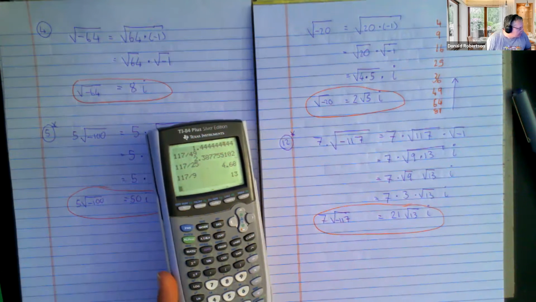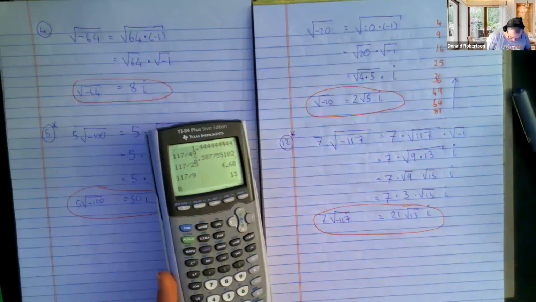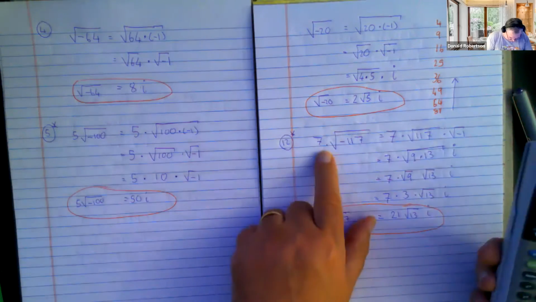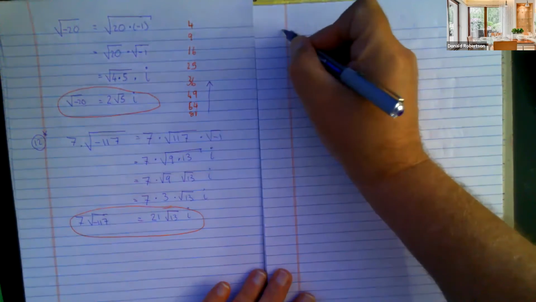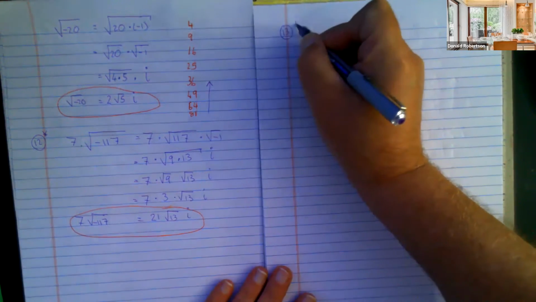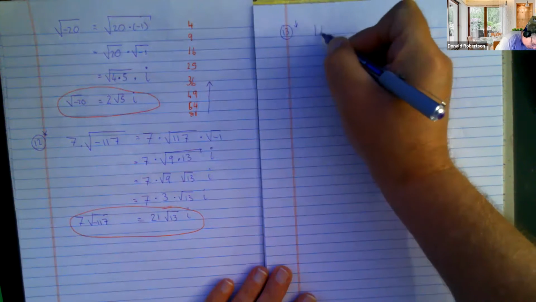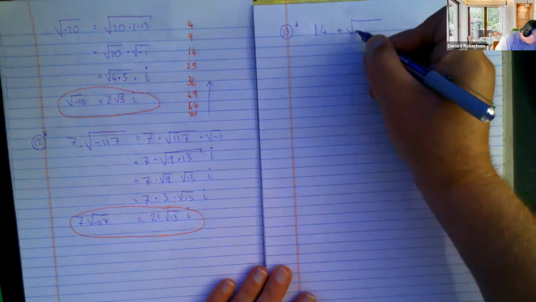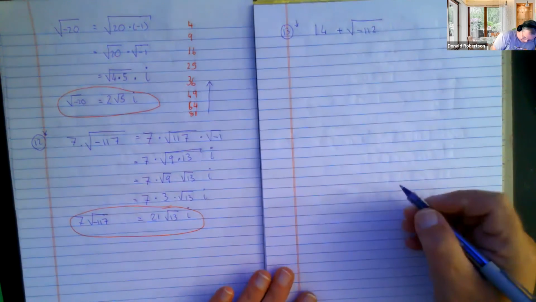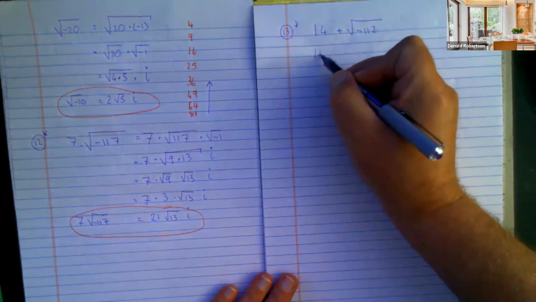Hopefully you're still with me and you're comfortable now about simplifying square roots that are on their own. If we continue that a little bit further, we get to questions like question 13, where you've got 14 plus the square root of negative 112. Well, I don't need to do anything with 14.